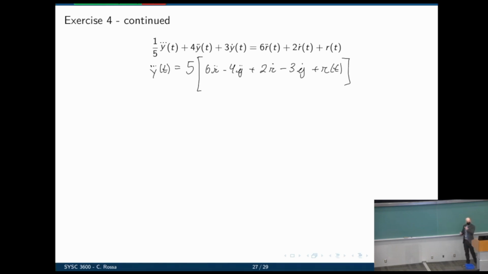I'm just grouping the terms with the same degree of derivatives together. Does that make sense? And what do we do next? Now you have to integrate this 3 times if you want to find y of t.